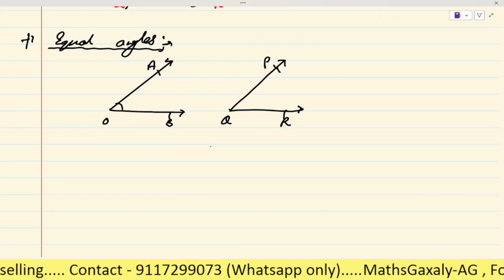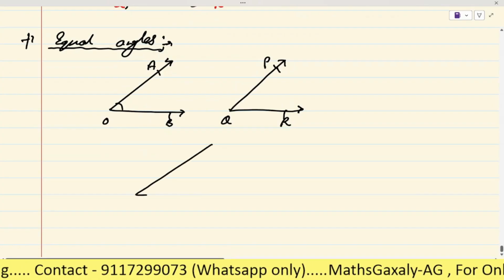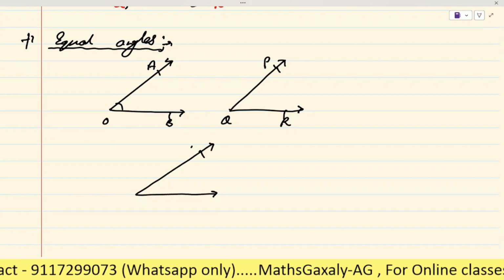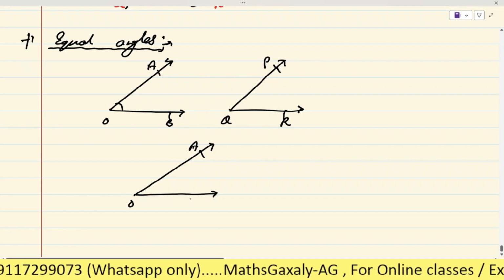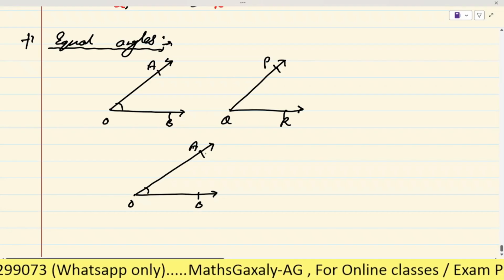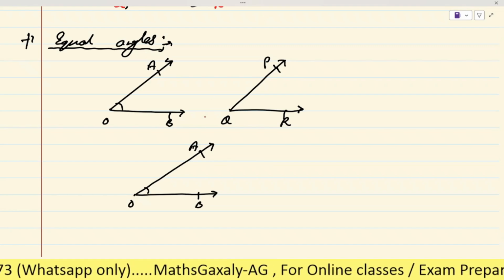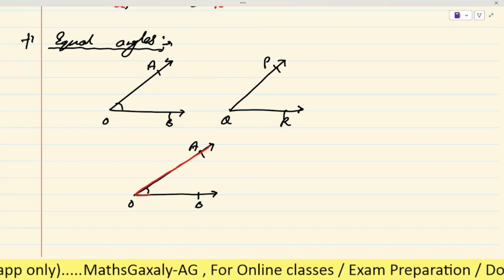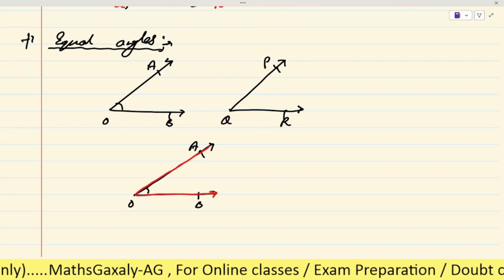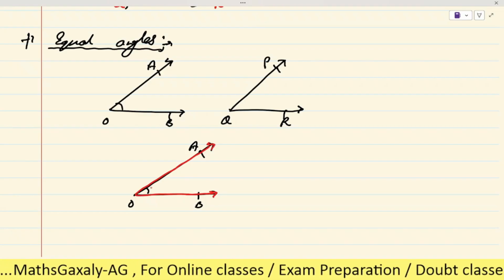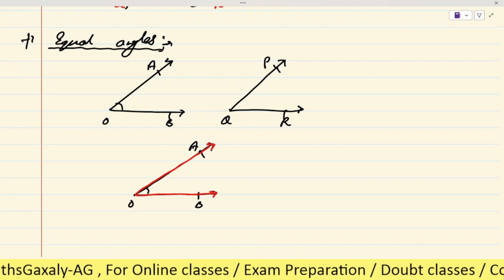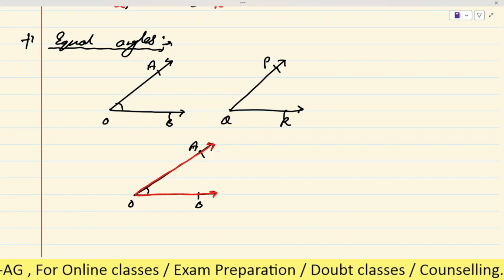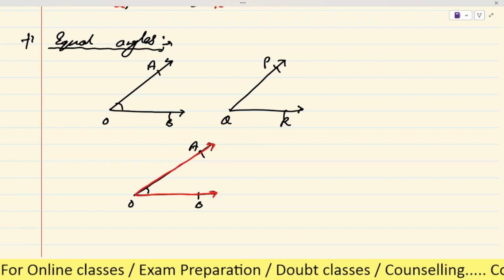When we take the first angle AOB and place the second angle over it, you will notice that the vertices are the same and the arms overlap with each other.